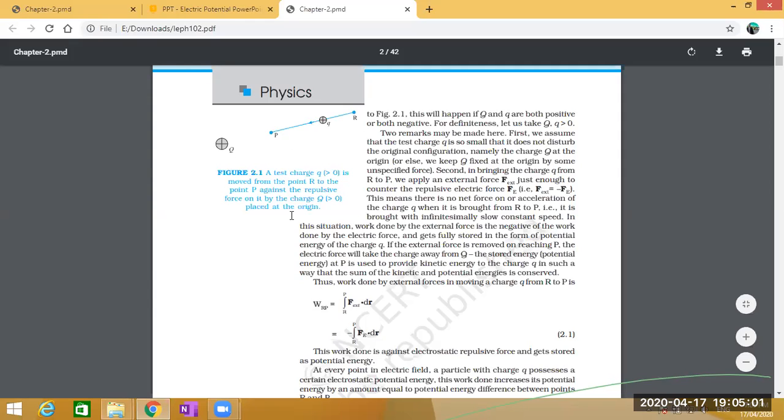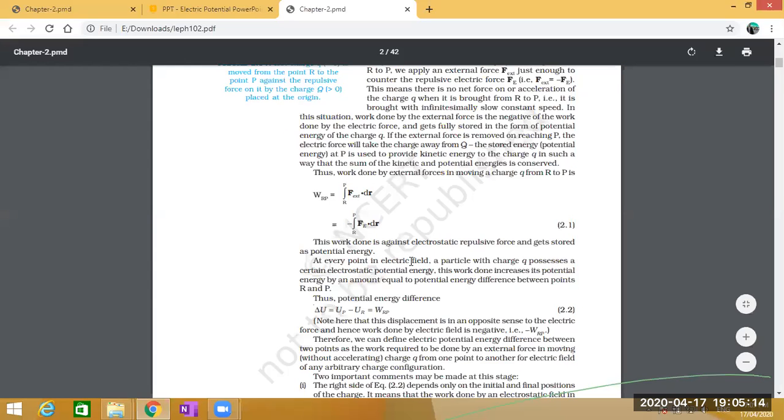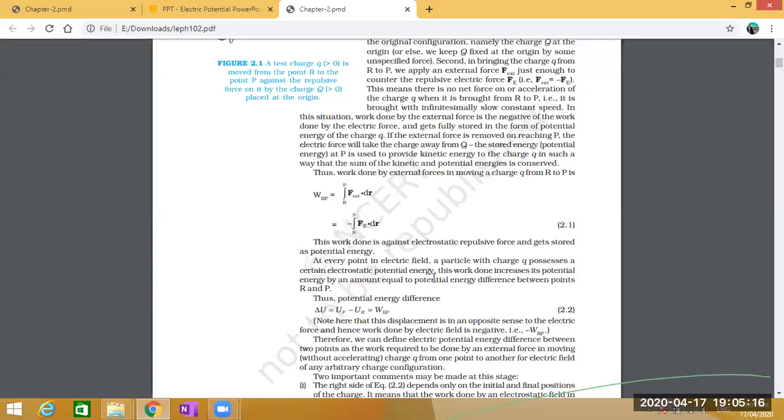So while bringing the charge from R to P, the work done is just equal to the difference of potential energy between R and P. So difference in potential energy can be expressed as, say, potential energy at P is UP and at R is UR. So difference between the two potential energies is equal to amount of work done in moving the charge Q, small q, from R to P.